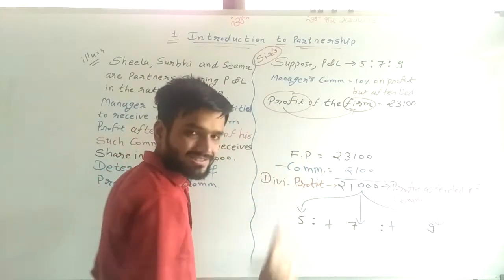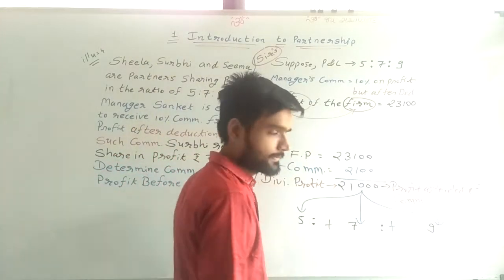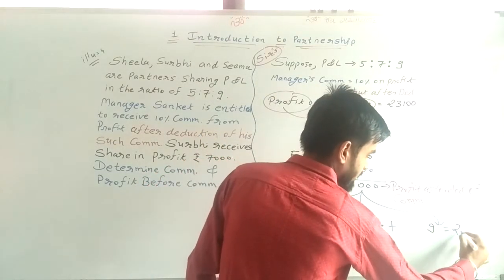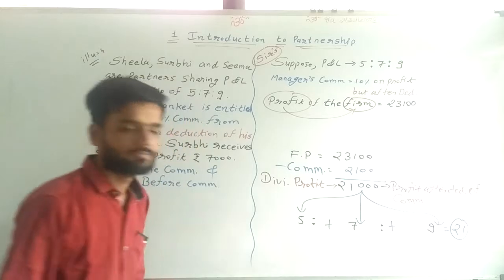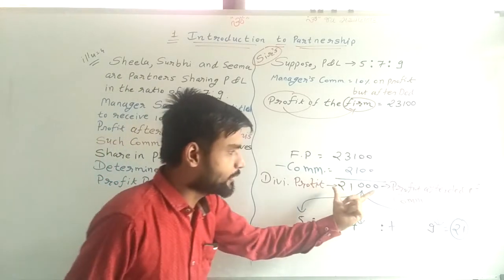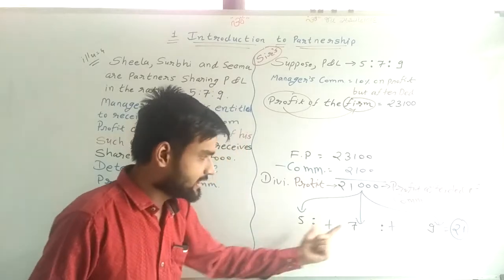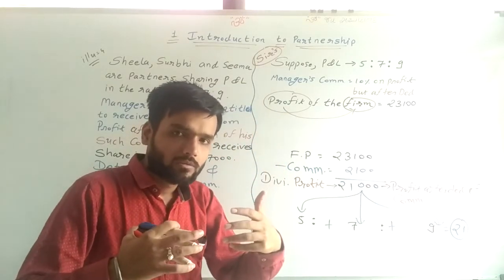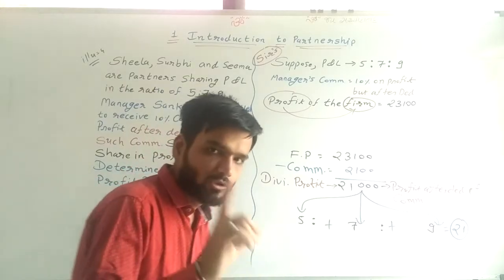5 plus 7 plus 9. Now the answer is 21. Now we need to distribute 21,000 in this proportion. So how are we calculating?